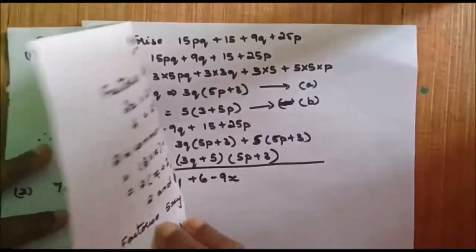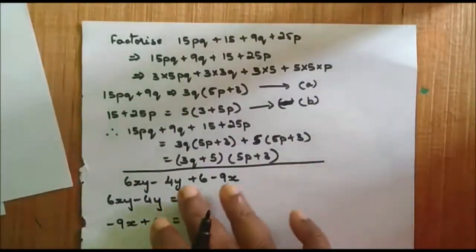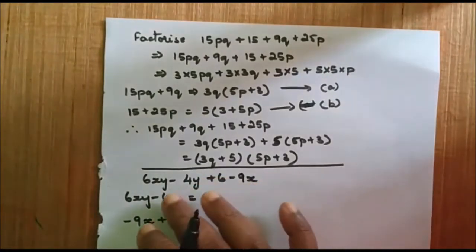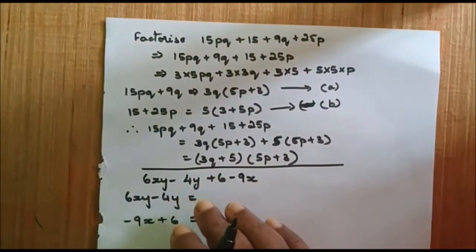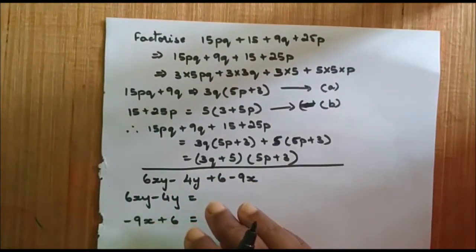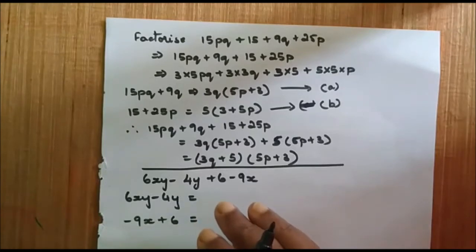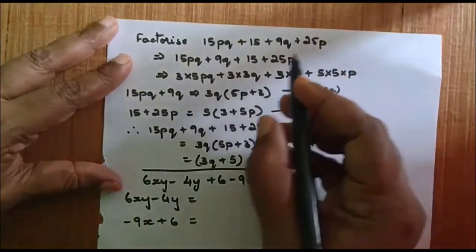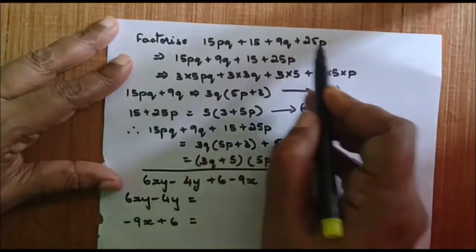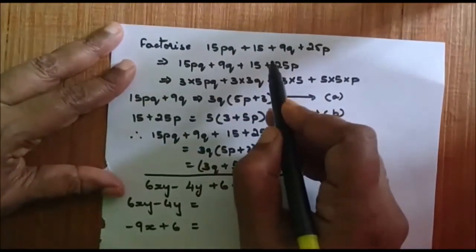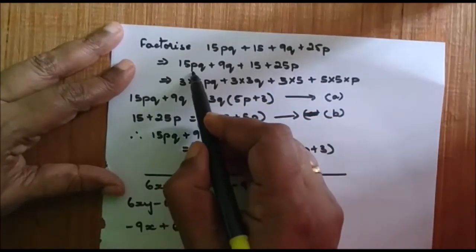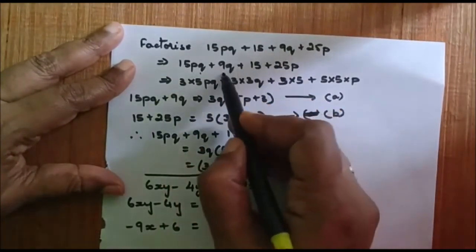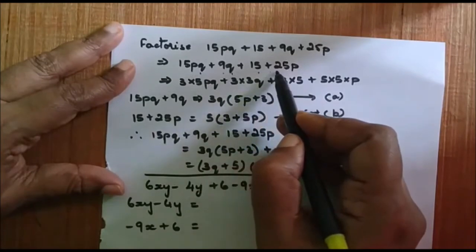Now we will see the next example, that is factorize 15pq plus 9q plus 15 plus 25p. Now I can regroup or rearrange the terms in such a way that 15pq plus 9q plus 15 plus 25p.